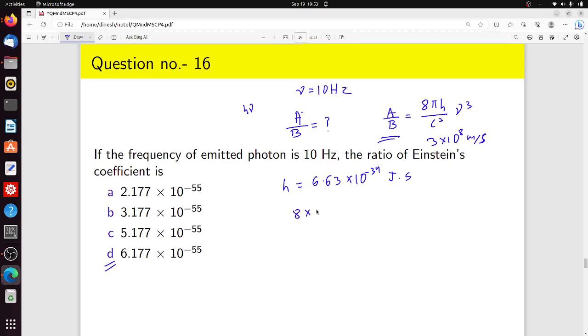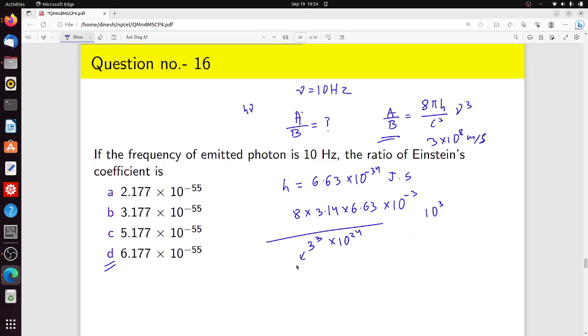Let's check. 8 into 3.14 times 6.63 times 10 to the power minus 34, divided by 3 cubed, 10 to the power 8 cubed, which is 27 times 10 to the power 24, and nu cubed with nu 10 hertz is 10 to the power 3.